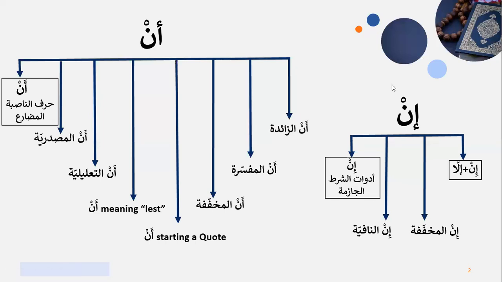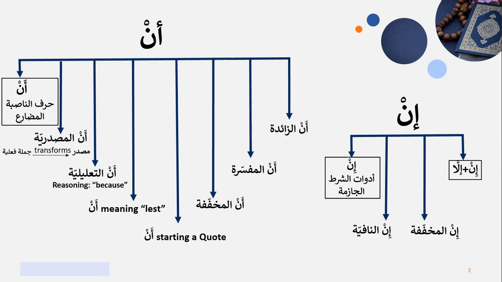So we already know that an is harf nasibatul mudari, so it basically makes a mudari light. That's a harf. And then we have an masdariya, which basically transforms jumlatul failure into a masdar, and we've seen the whole process.